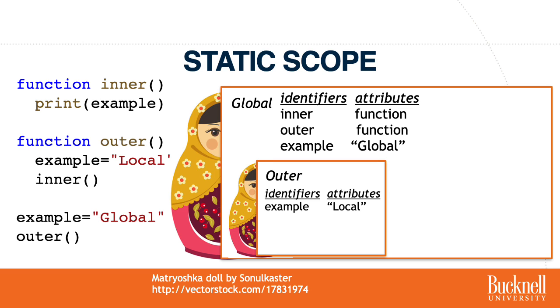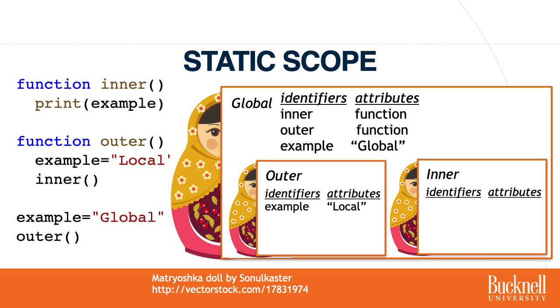This is a separate and distinct copy of example from the one in the global scope. When inner is called inside of the outer function, we have a new scope. And now the question is, when we go to print example, do we go to the global scope or outer scope? In a statically scoped language, we go to the global scope and we'll print global.